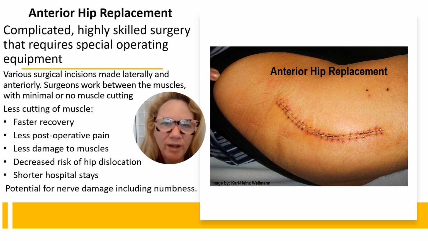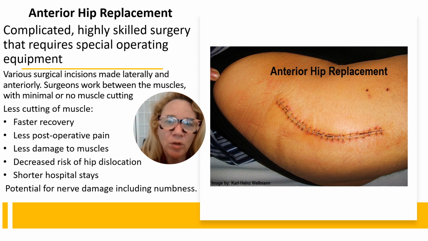The reason why you would want an anterior hip replacement is it's faster recovery, less post-operative pain, less damage to the muscles. There's decreased risk of hip dislocation after the replacement is made, and it's a shorter hospital stay because they're not cutting as much tissue, cutting down your recovery and recuperation time.